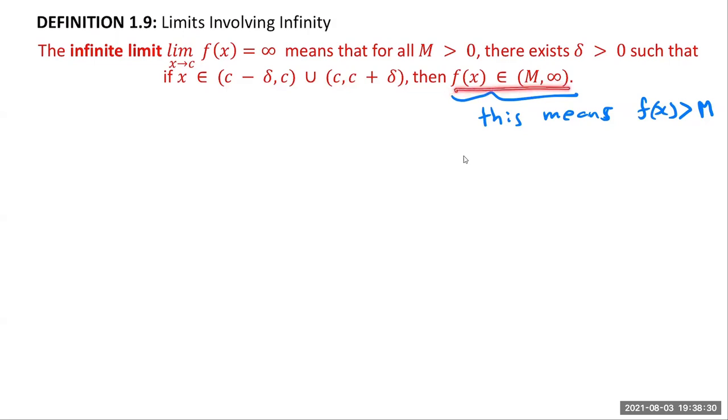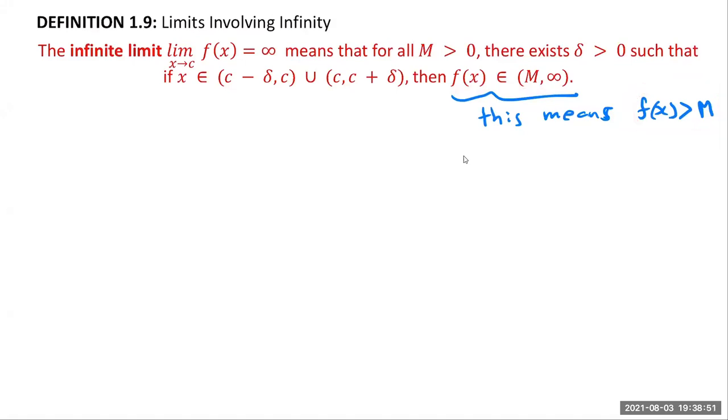What this tells you is that your f of x has to be bigger than m. F of x falls in this interval means f of x is bigger than m. This is an equivalent way of saying that.